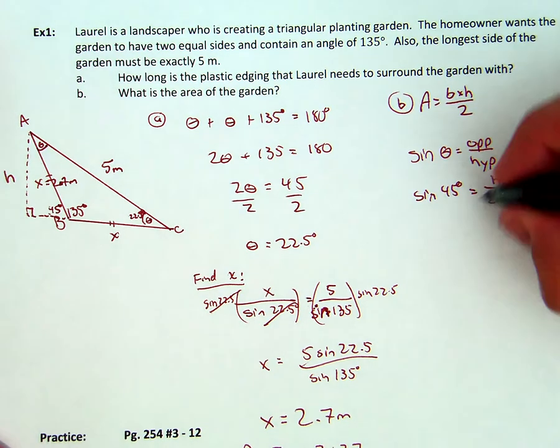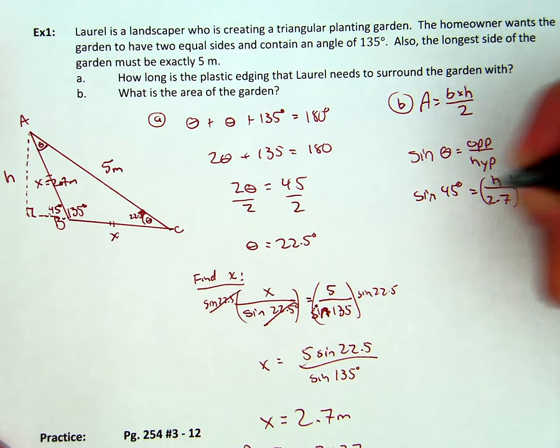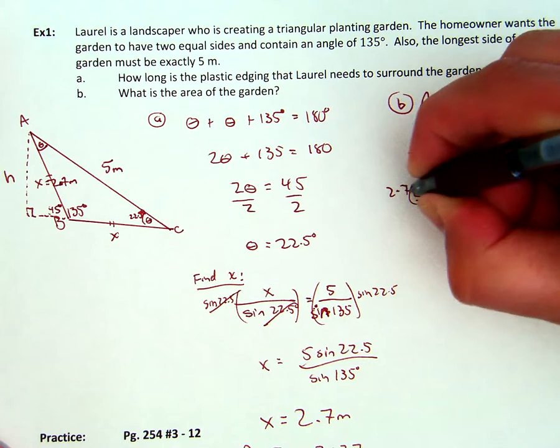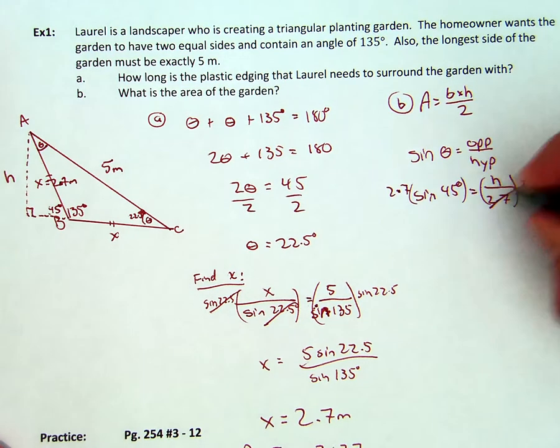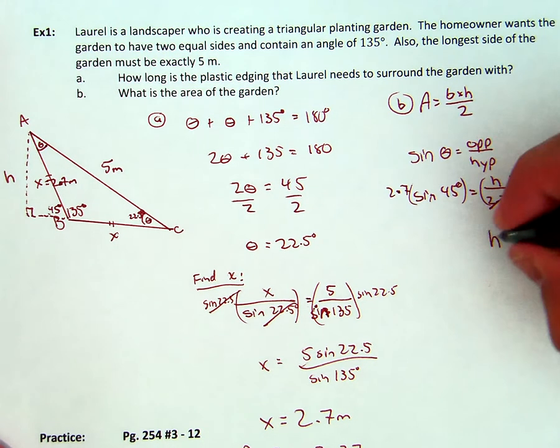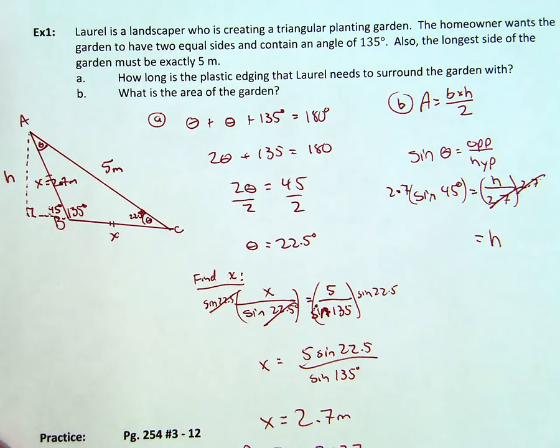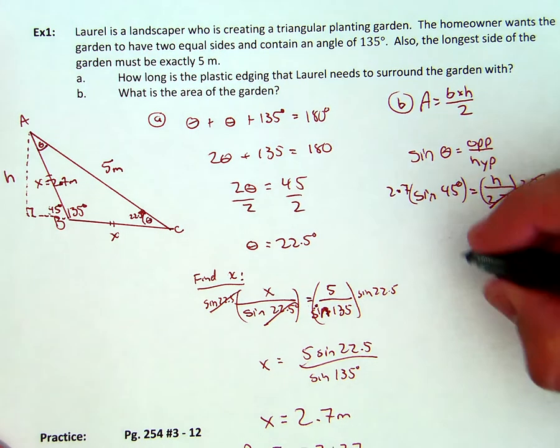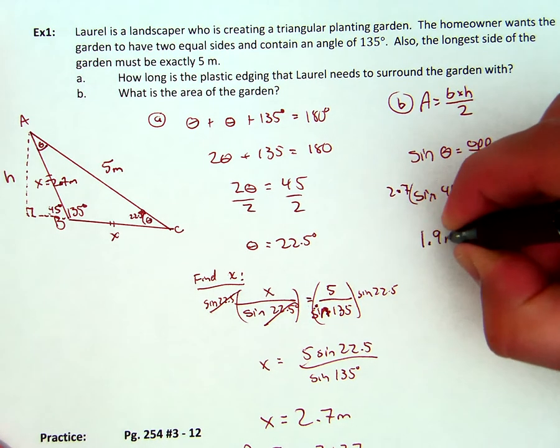So to get the h by itself, I'm going to multiply both sides by 2.7. 2.7 on the right side will divide out, and I'm going to be left with h being 2.7 times sine 45, which gives me 1.9 meters.